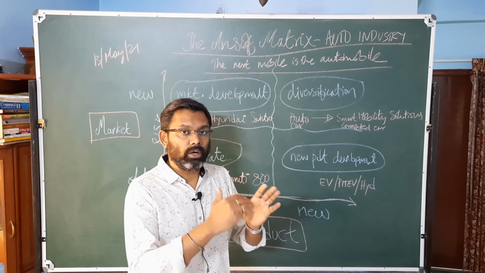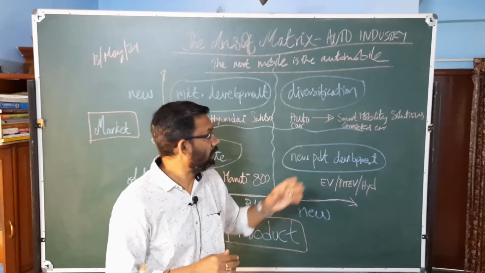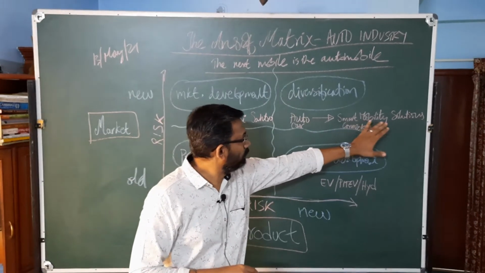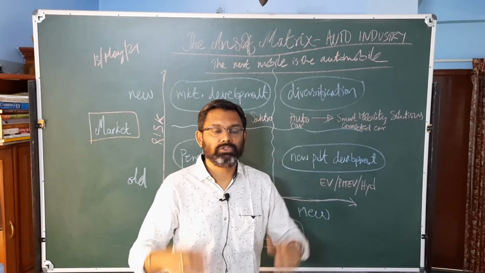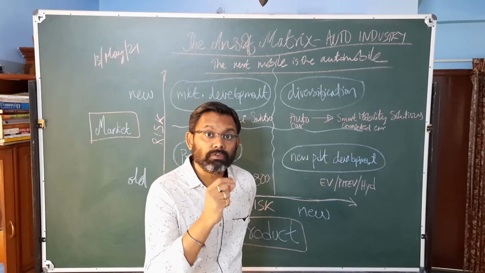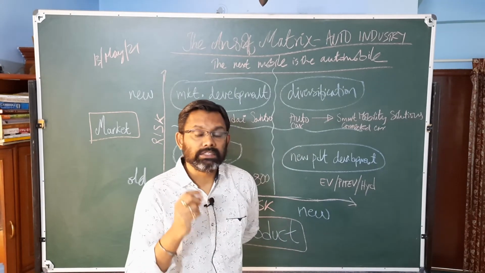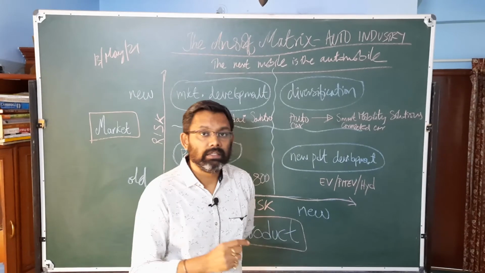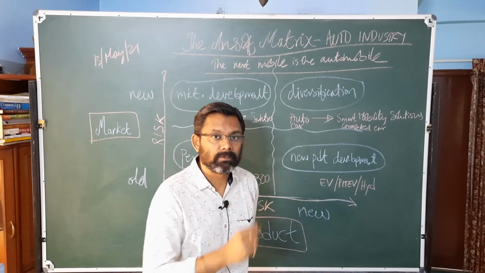And this structure now is undergoing a transformation and becoming a smart mobility solutions provider, completely software driven. It is a software defined car. It's a software defined truck. It's a software defined bus.